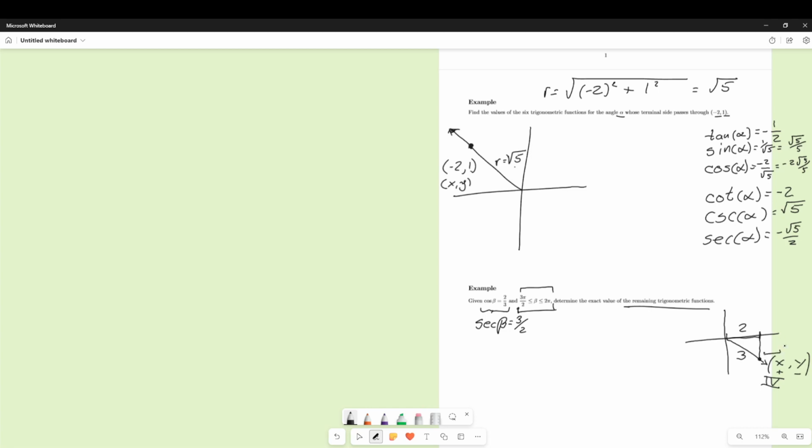Well, luckily we have the Pythagorean theorem. We know that 2 squared plus that other side length squared, I'm going to call it y squared, has to equal the square of that radius, 3 squared.